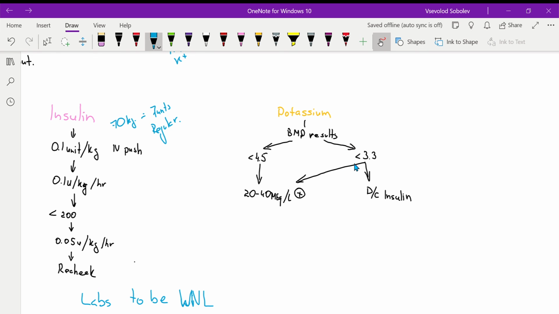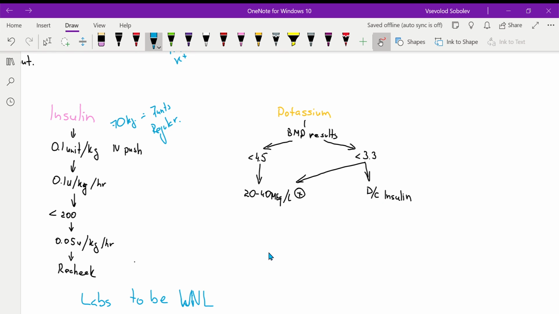And if their potassium is even lower than 3.3, then we will add the 20 to 40 milliequivalents per liter of potassium, and we'll also stop the insulin, because insulin helps the potassium get into the cells. So we need to monitor insulin too for potassium.